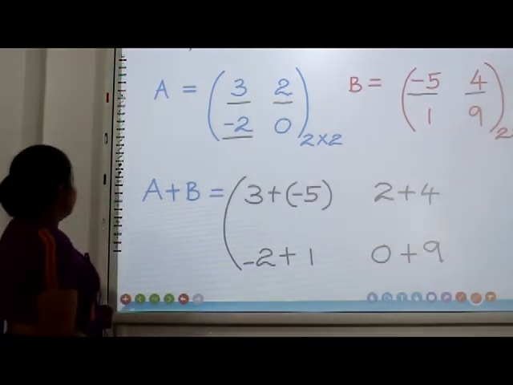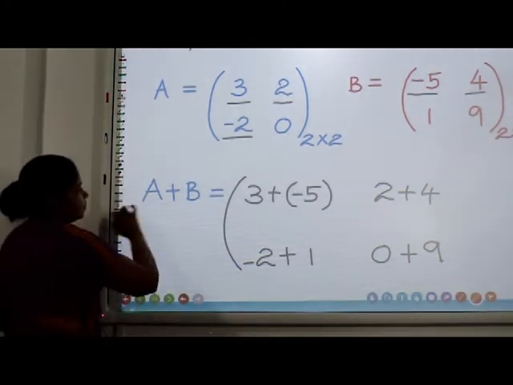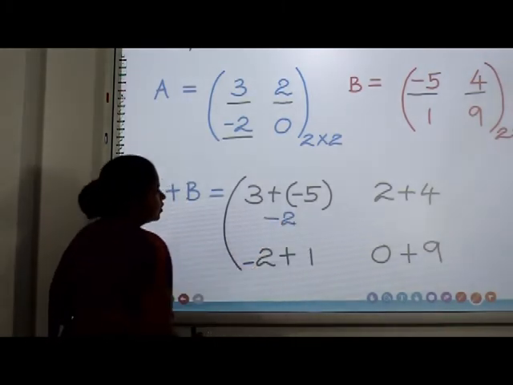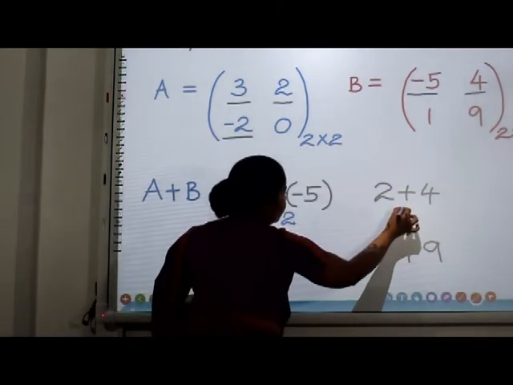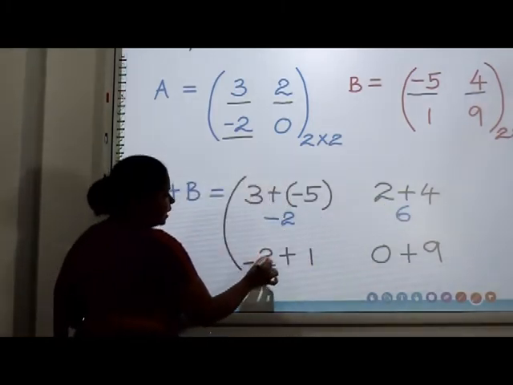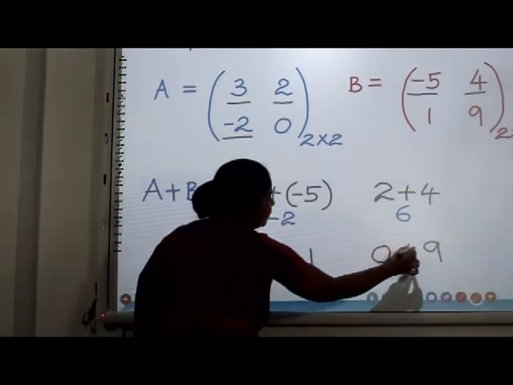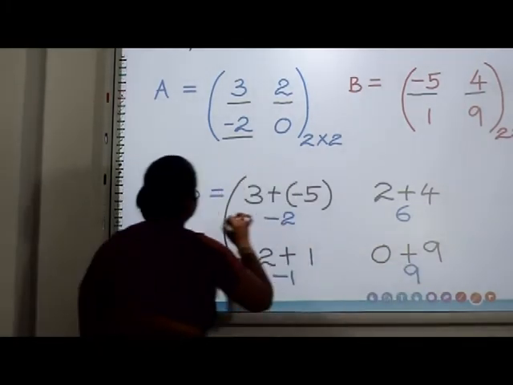Now let's get the sum of these elements. 3 plus minus 5, it is minus 2. 2 plus 4, 6. Minus 2 plus 1, minus 1. 0 plus 9, 9.